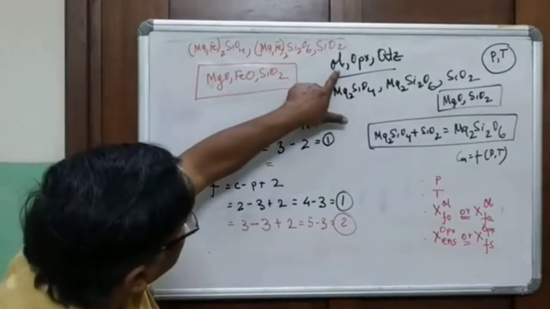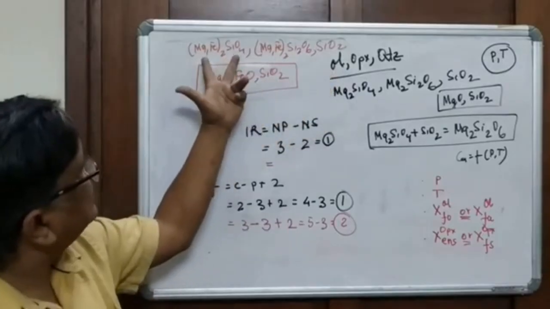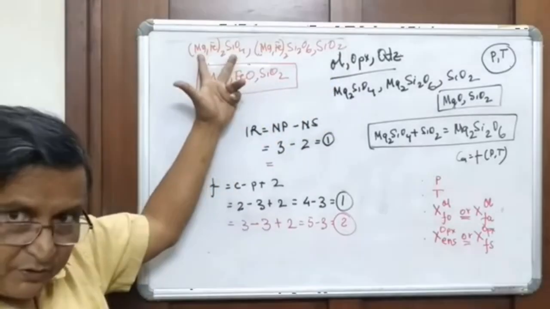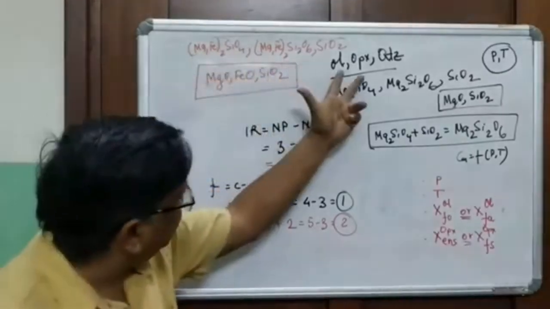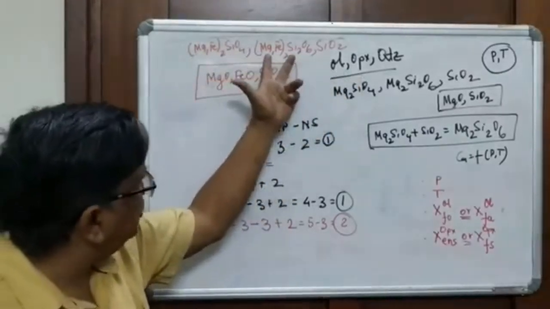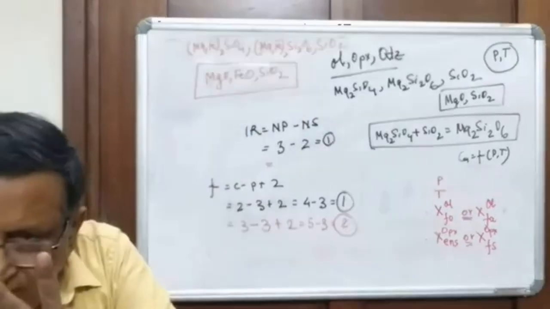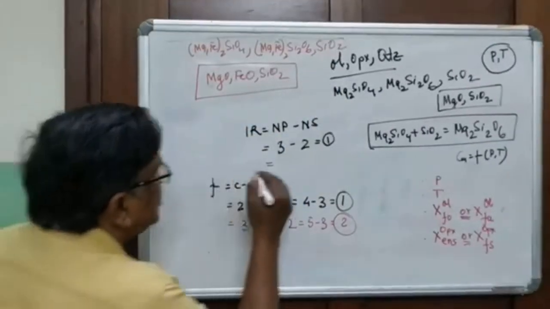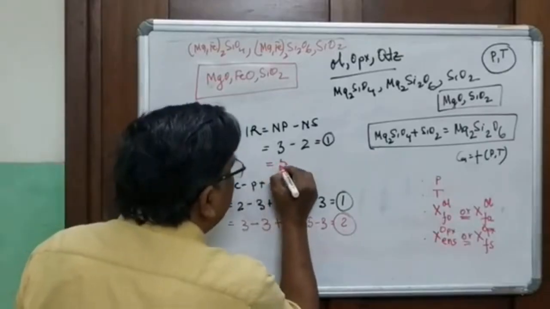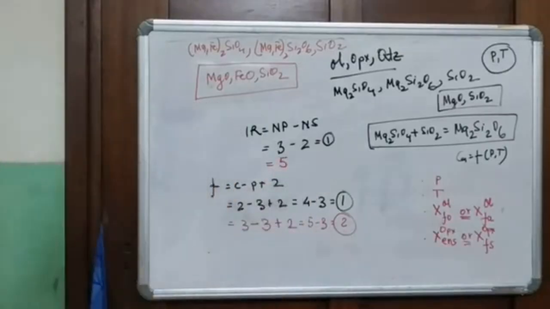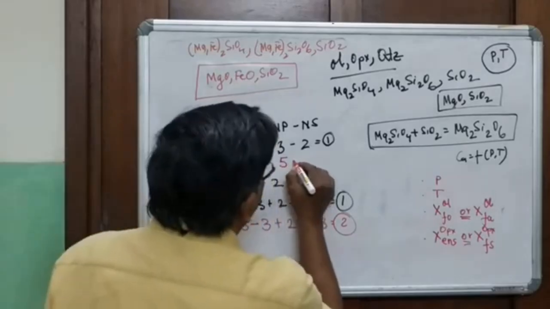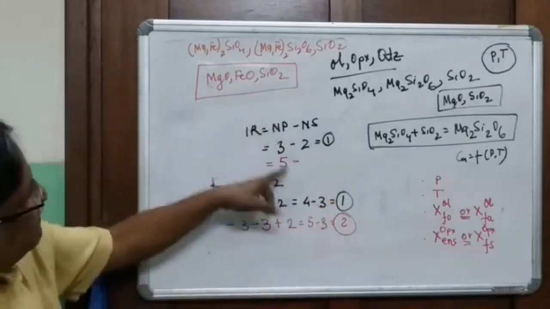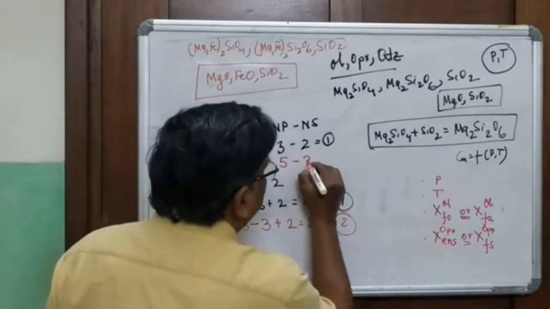So olivine, this phase, has 2 phase components, Mg2SiO4 and Fe2SiO4. Orthopyroxene, Mg2Si2O6 and Fe2Si2O6, 2 phase components. And SiO2, 1 phase component. So we have number of phase components as 5, minus number of system components which we have derived as 3.